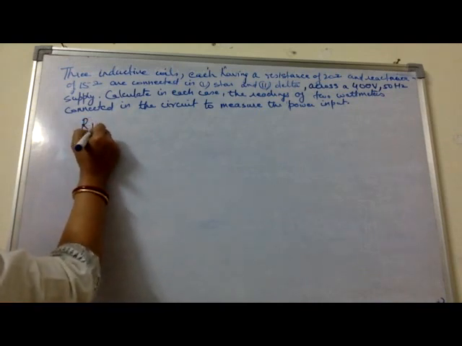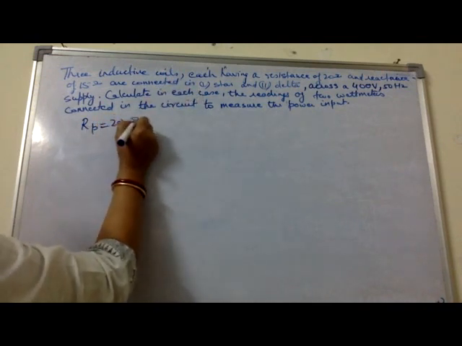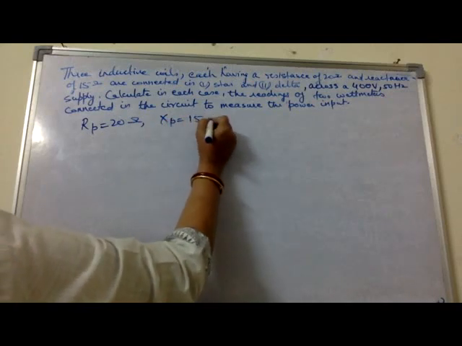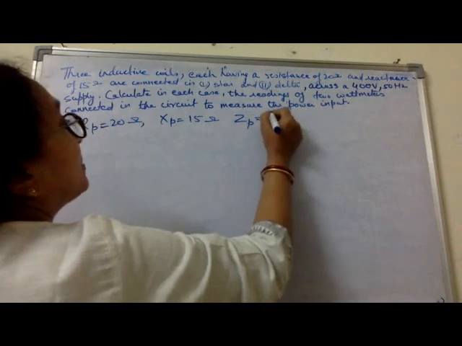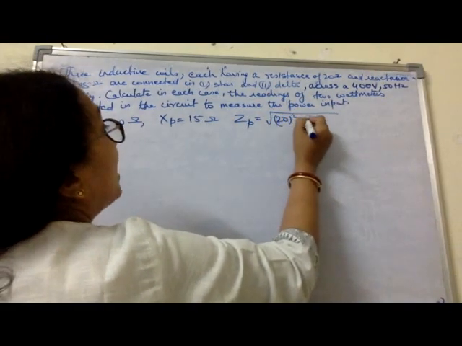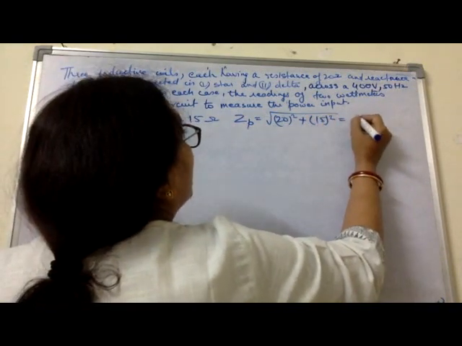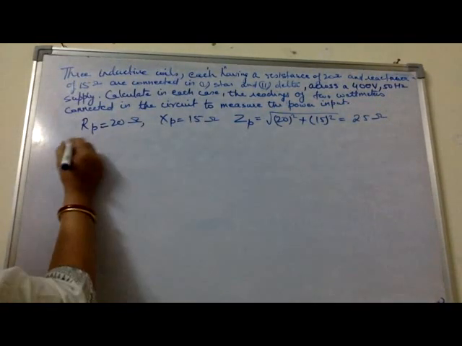So the first thing given is Rp, the resistance per phase, is 20 ohms. The reactance per phase is 15 ohms. Therefore, the impedance per phase will be equal to the square root of resistance per phase squared plus reactance per phase squared. This comes out to be 25 ohms.